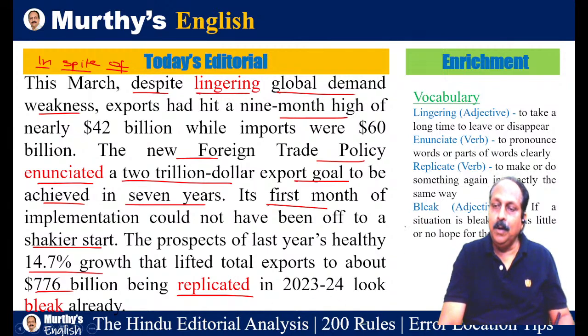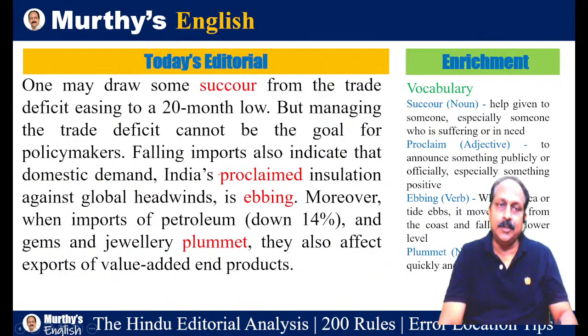There's one important word: bleak means what? If a situation is bleak, there's little or no hope for the future. Something where chances are less. One may draw some succor, a new word, help given to someone, especially someone who is suffering or in need. One may draw some succor from the trade deficit easing to a 20-month low.